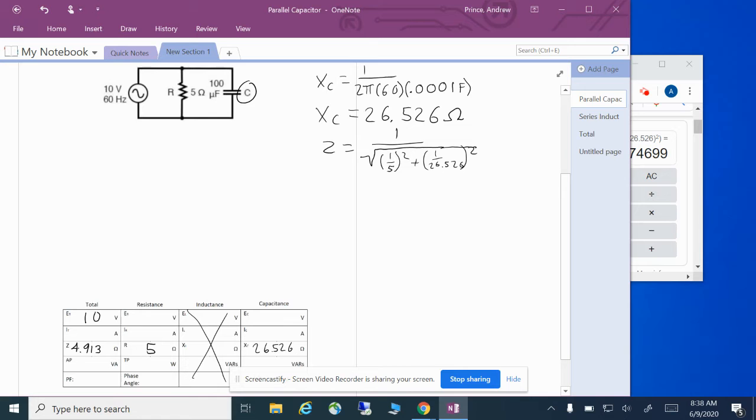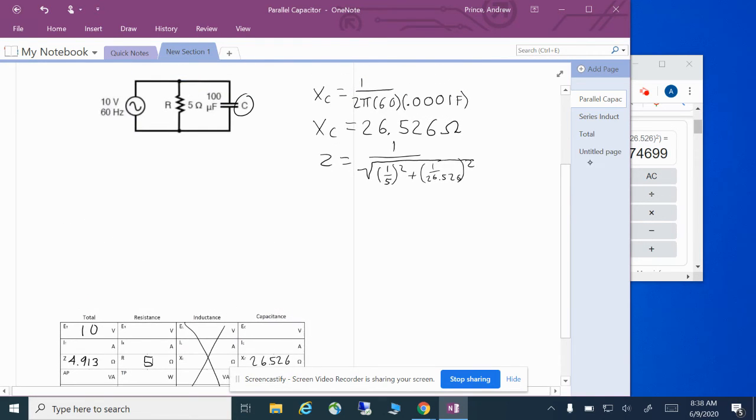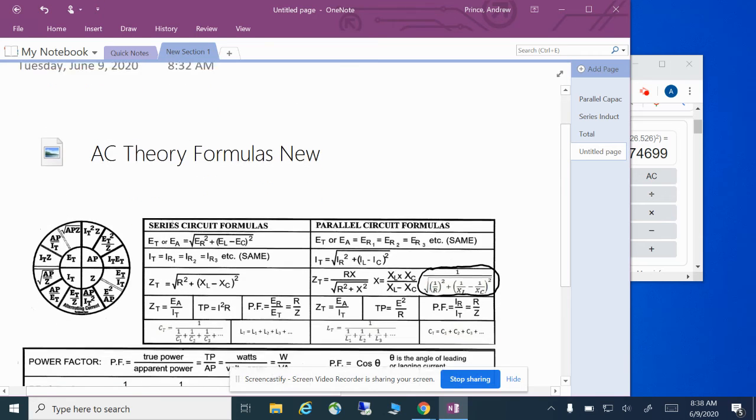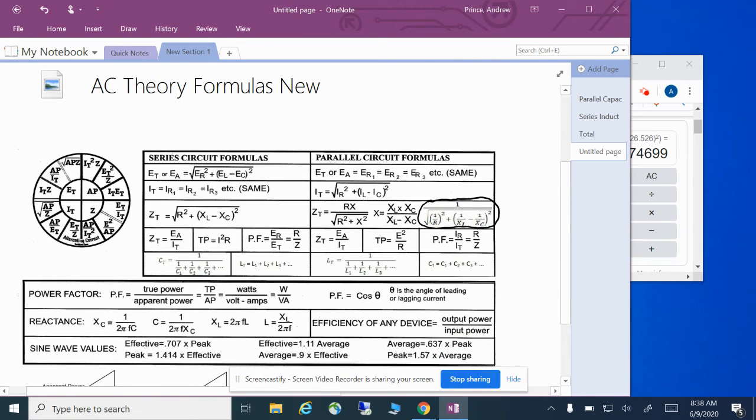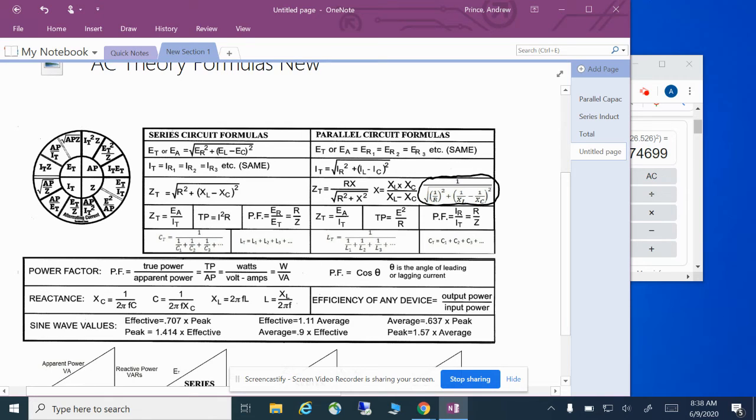So now I have Z and I have E. If we look at our formulas, if I have Z and E, I could solve for I or the power, which in this case would be the apparent power in that category. So we're going to be looking right here. A lot of these you shouldn't even need to look at the formula sheet for because you should know them.